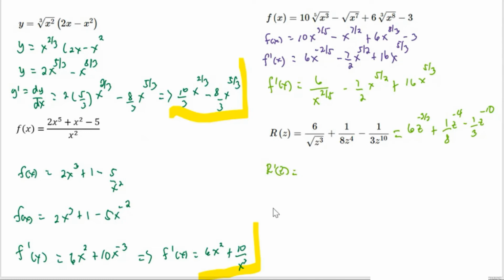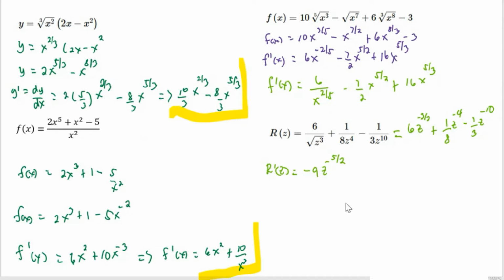So we have 6 times negative 3 over 2 is equal to negative 9. So I have negative 9z to the power of negative 5 over 2 because negative 3 halves minus 1.